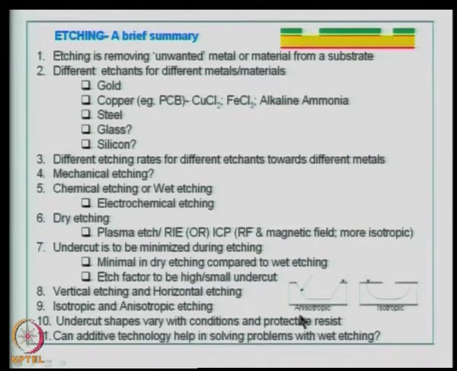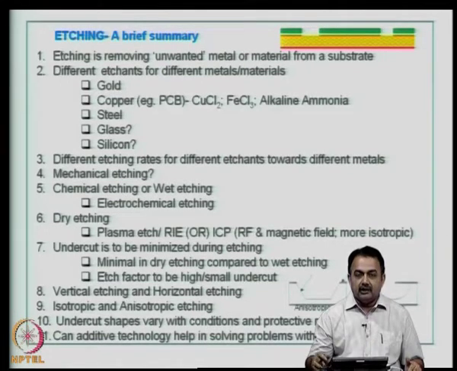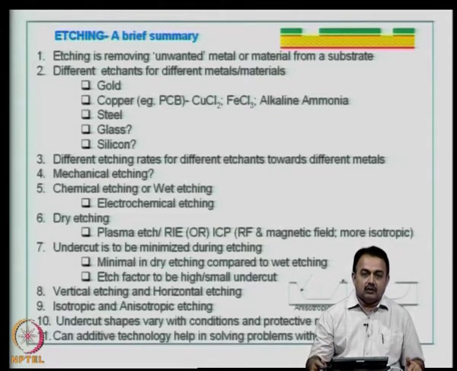Now, the question is, if etching is going to pose so much problem, can additive technology help in solving problems with wet etching? In the case of PCB, instead of removing copper from the board, or more thicknesses of copper from the board, can you add copper using electroplating to the exact requirement in terms of thicknesses and so on?